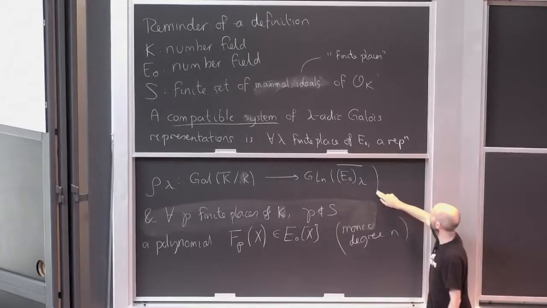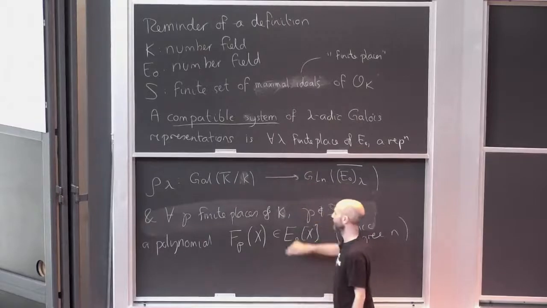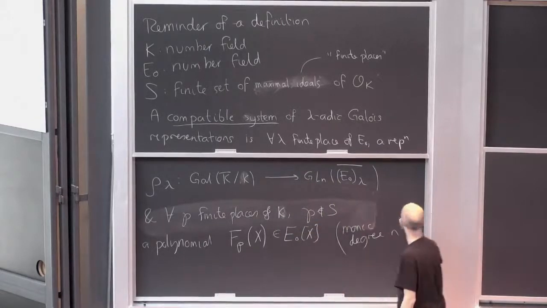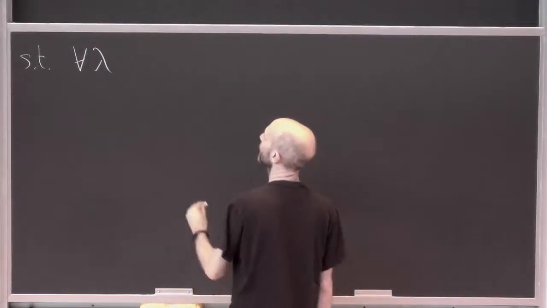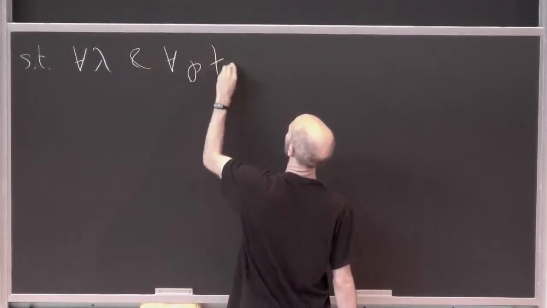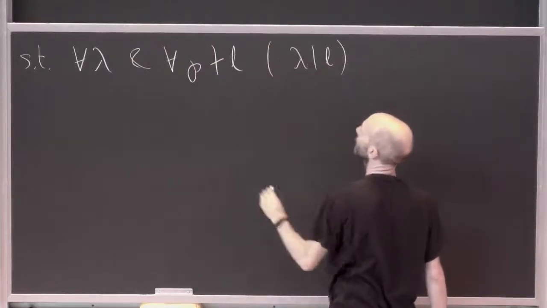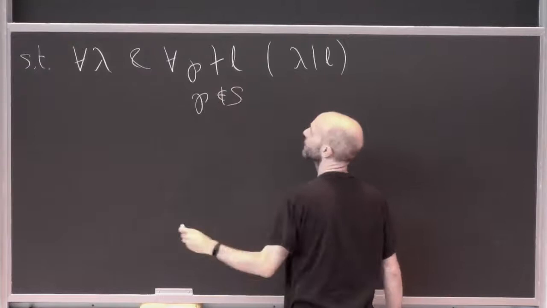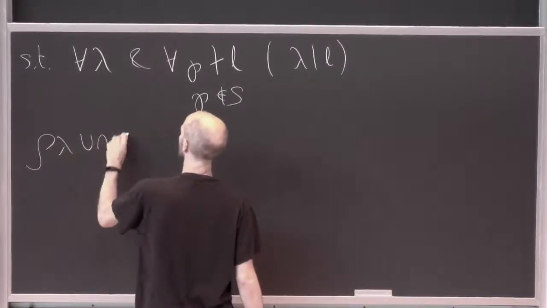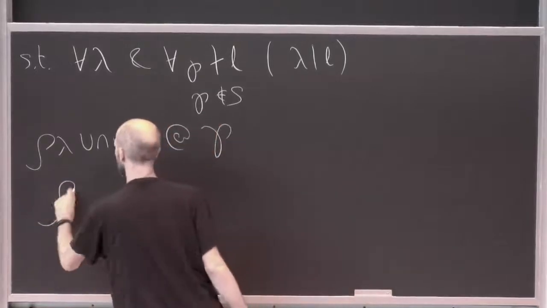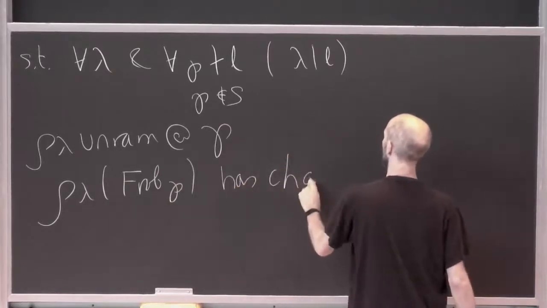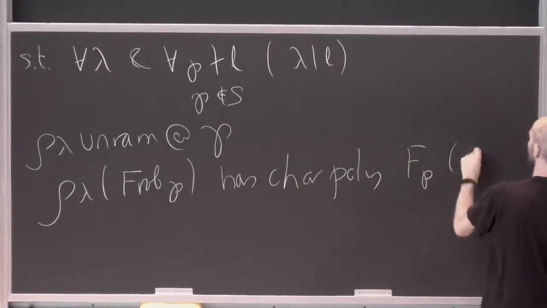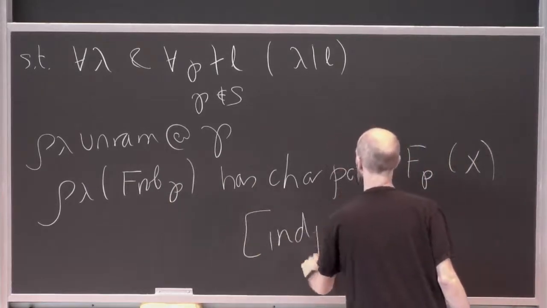So we've got all these representations rho_lambda for all these places lambda, and for all finite places we've got an F_P, such that for all lambda places of E, and for all P not dividing l, where lambda divides l, and also P not in S, rho_lambda is unramified at P, and rho_lambda of Frob_P has characteristic polynomial F_P(X), and the miracle is that this is independent of lambda.